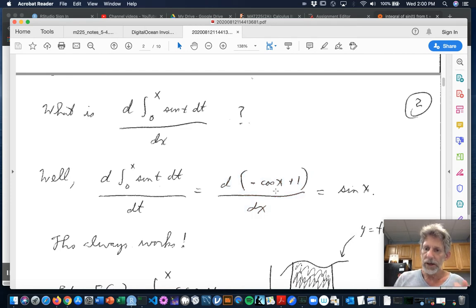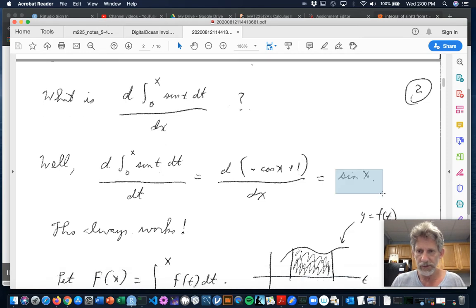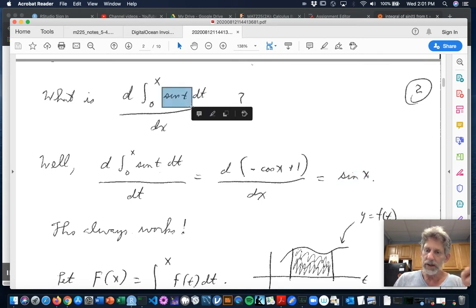And the derivative of minus cosine would be minus sine, which is sine of x, plus the derivative of 1, which is a 0. And so it's just sine of x, which is kind of interesting because sine of x is what you would get if you took the integrand of that definite integral and just plugged in an x instead of a t.